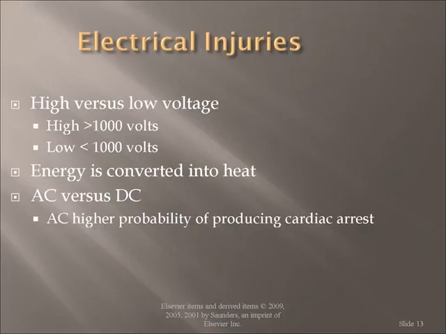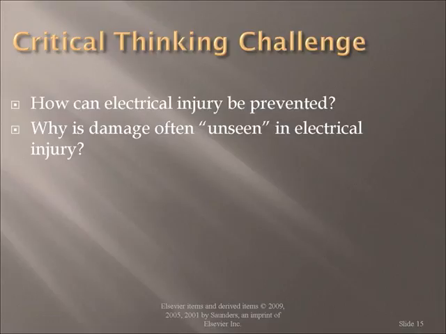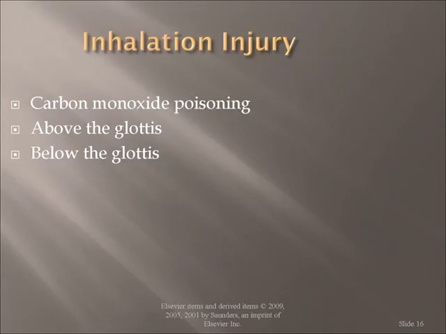Alternating current has a higher probability of producing cardiac arrest. A critical thinking question would be, how can electrical injury be prevented, and why is the damage often unseen when it's an electrical injury? With inhalation injury, there is carbon monoxide poisoning. You can have an injury above the glottis or below the glottis.